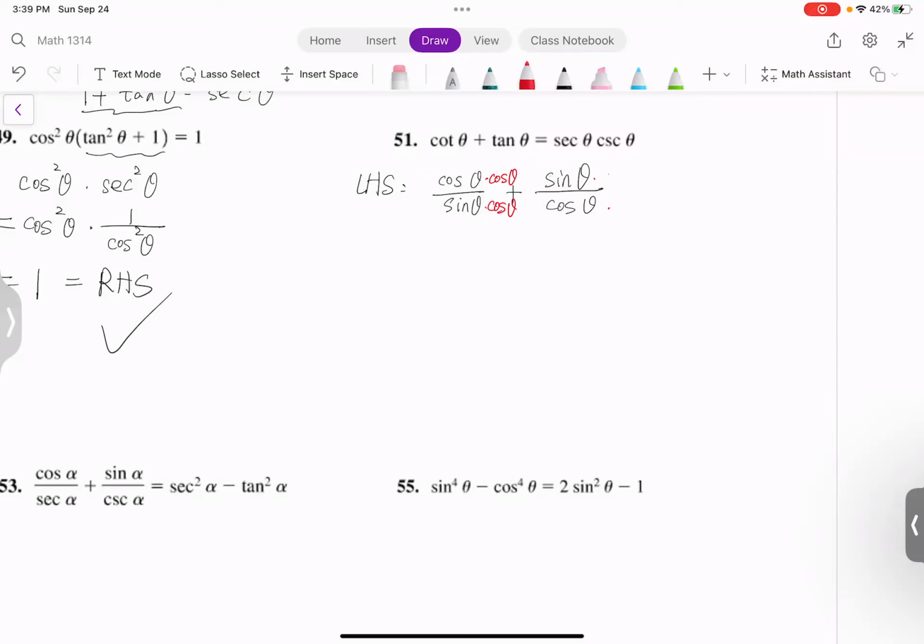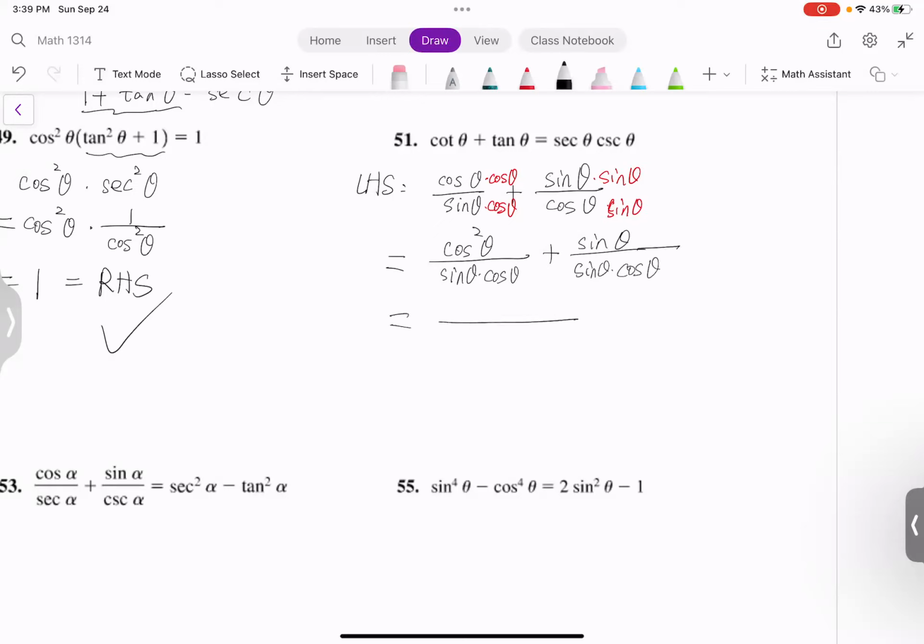And the other one is sine theta over sine theta. What is the new top? Cosine theta squared, and the bottom is sine theta times cosine theta, plus the top sine theta squared, and the bottom sine theta times cosine theta.